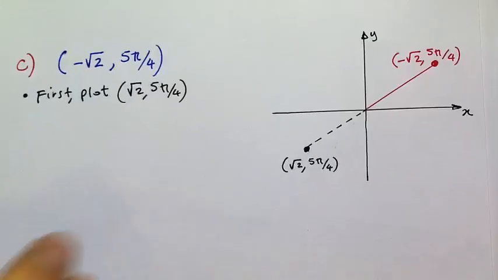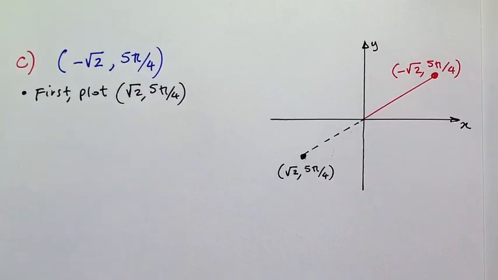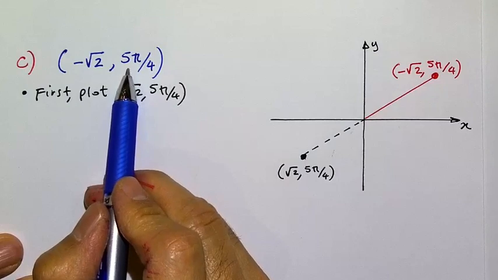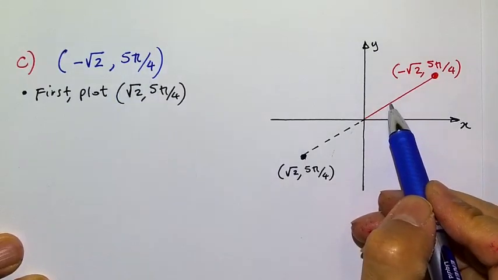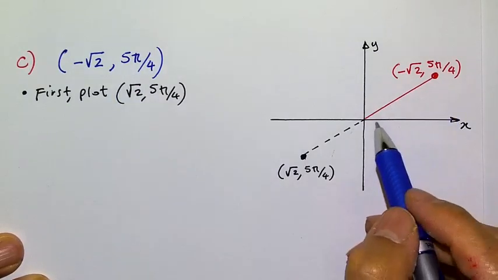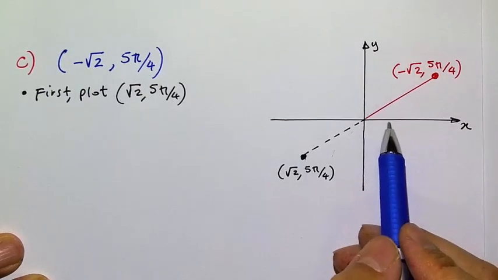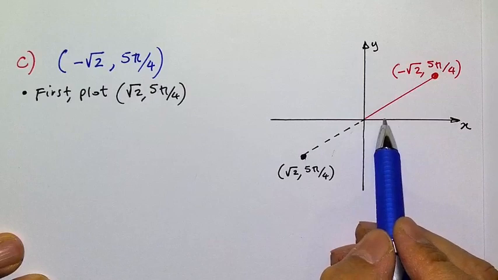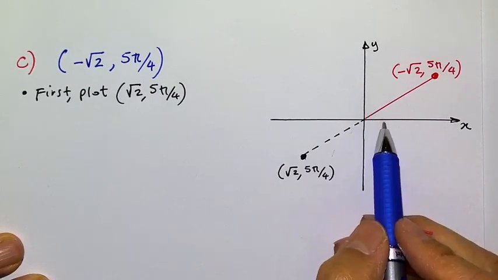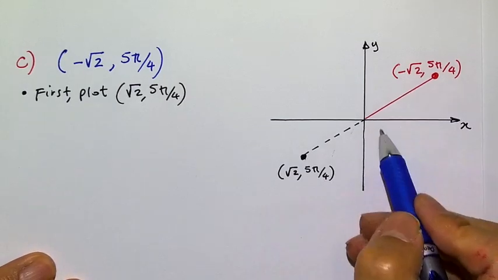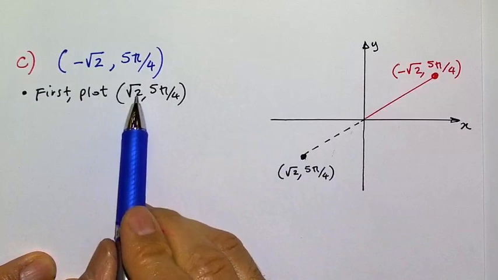Okay, and the angle, of course, because it's positive, to get to this point we have gone, let's see, this is 5 pi over 4.